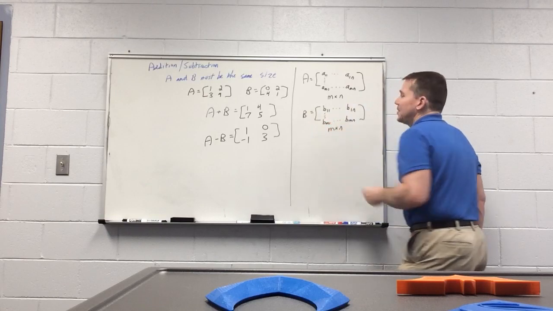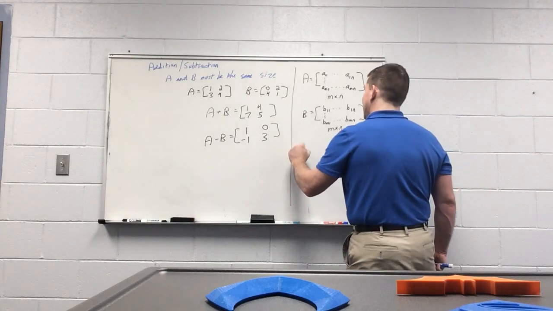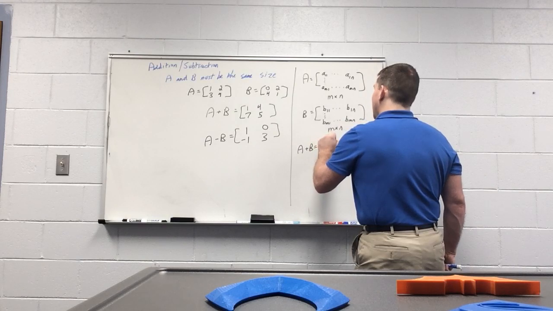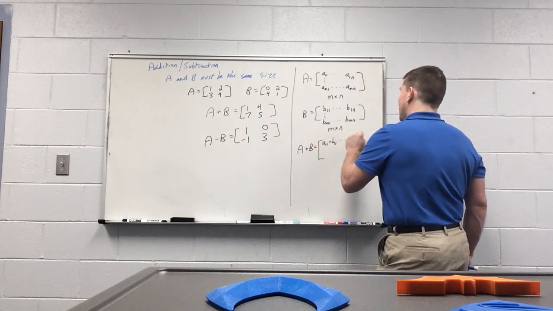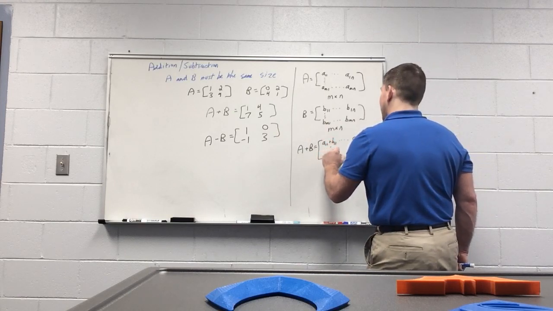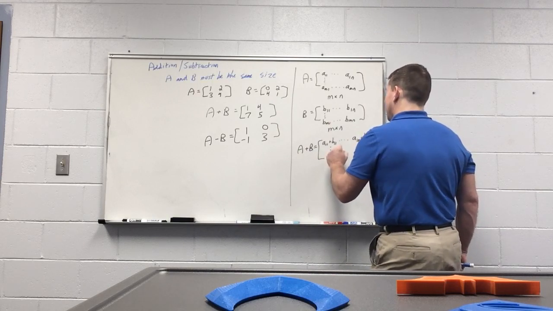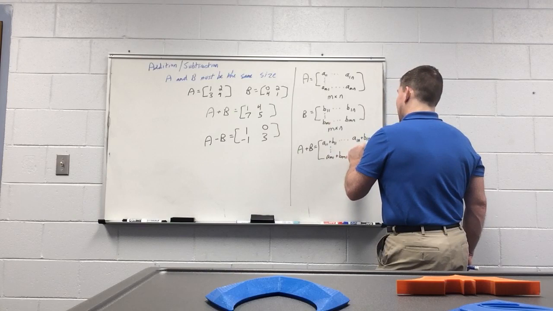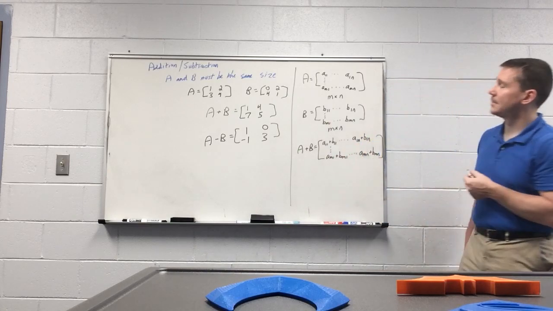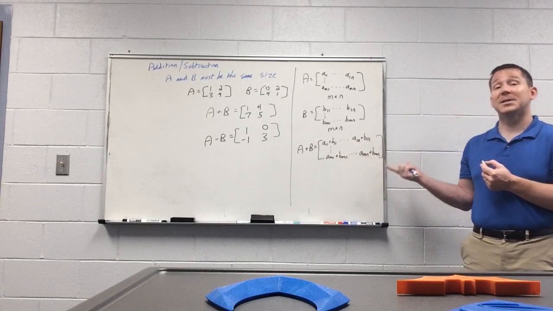There's my m by n matrix for B. Now if I wanted to define addition, I would say A plus B is equal to A11 plus B11 over to A1n plus B1n, down to AM1 plus BM1 over to AMN plus BMN. And now we have the actual algebraic definition of matrix addition.